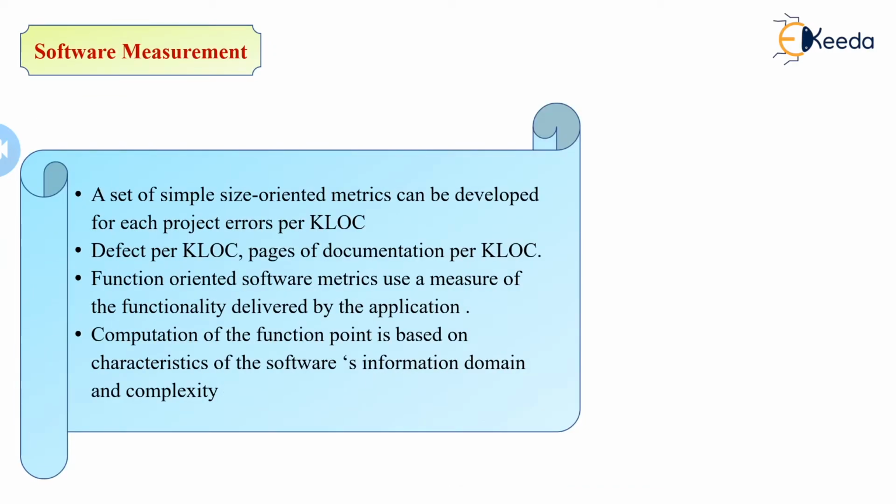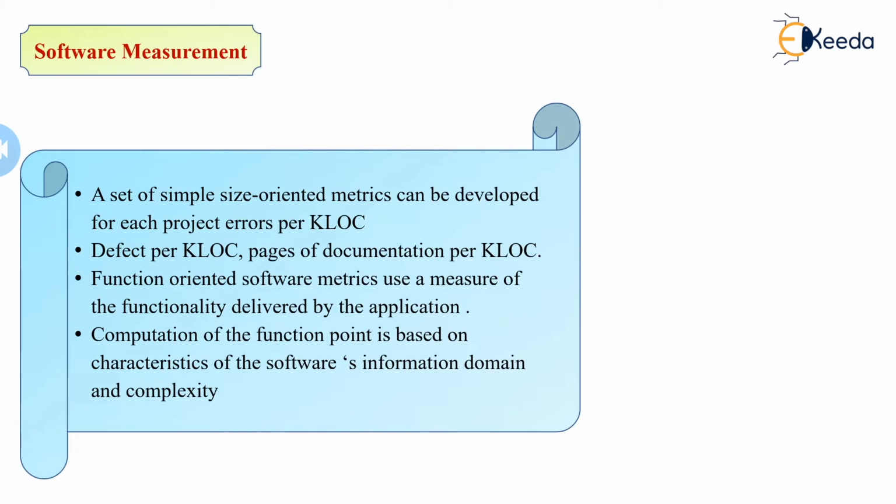Size-oriented metrics are developed per 1,000 lines of code, that means for each project, errors per KLOC, defects per 1,000 lines of code, or pages of documentation. These are measured as process metrics and project metrics. A function-oriented metric is a measure of the function delivered by the application, based on function points.